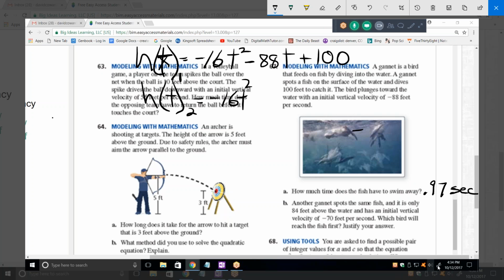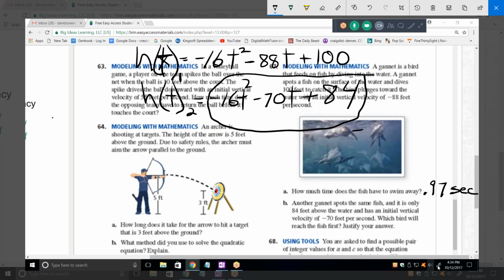So minus 70t plus 84. Okay. Now, that will tell you how many seconds it's going to take that second bird to hit the water. If it's quicker than 0.9 seconds, it wins.